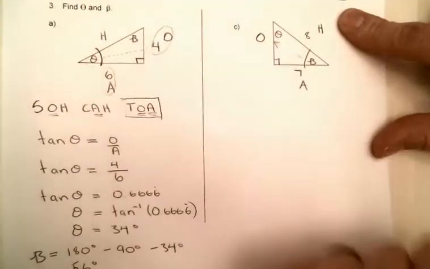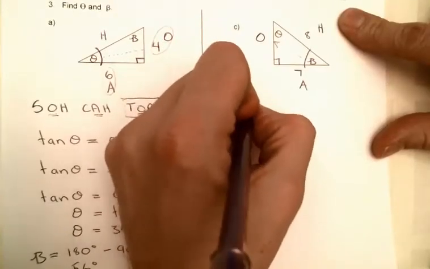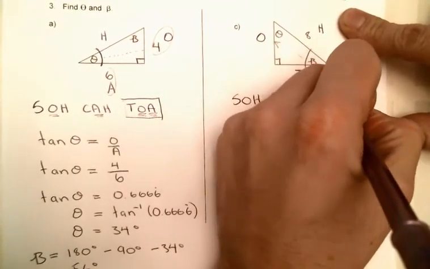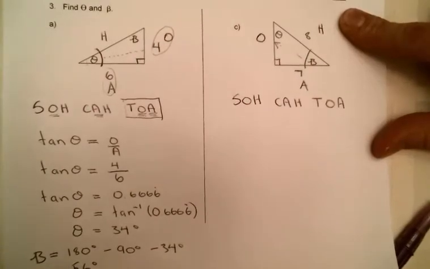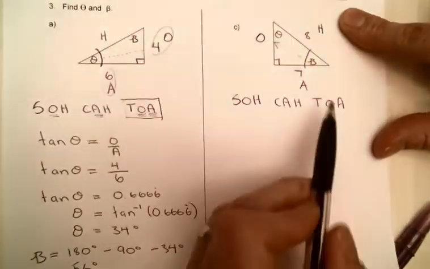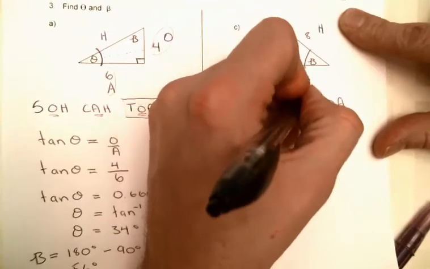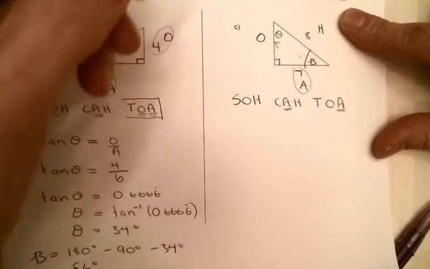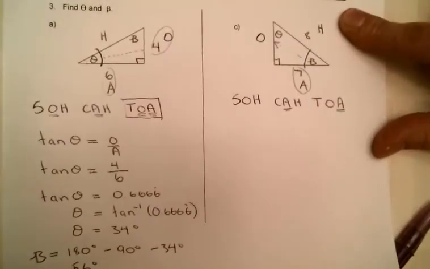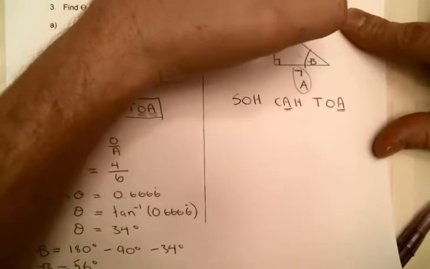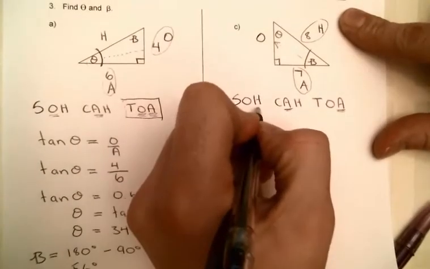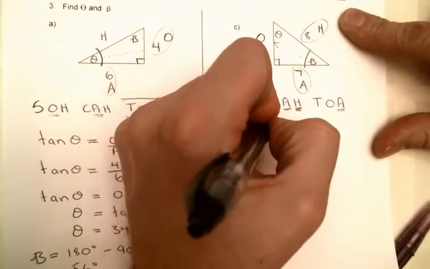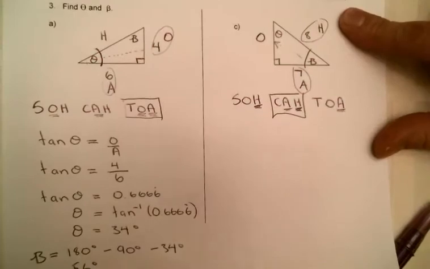I write SOHCAHTOA out. And I go see which ones I have. So off beta, I know my adjacent. So let's go through SOHCAHTOA and look for A adjacent. And oh, I don't know my opposite, so skip him. But I do know hypotenuse is 8. So H, H. Okay, this time I need the cosine.